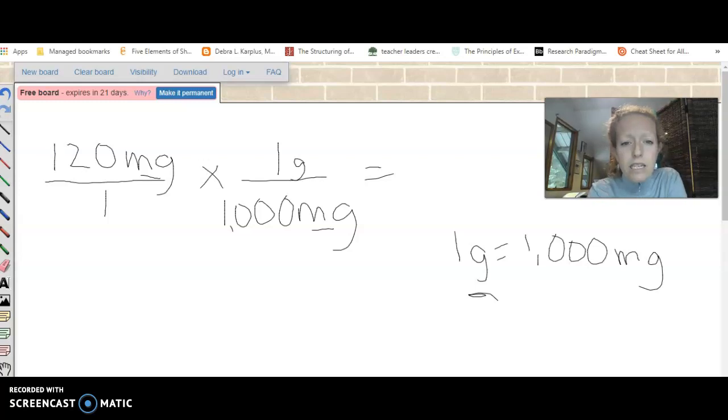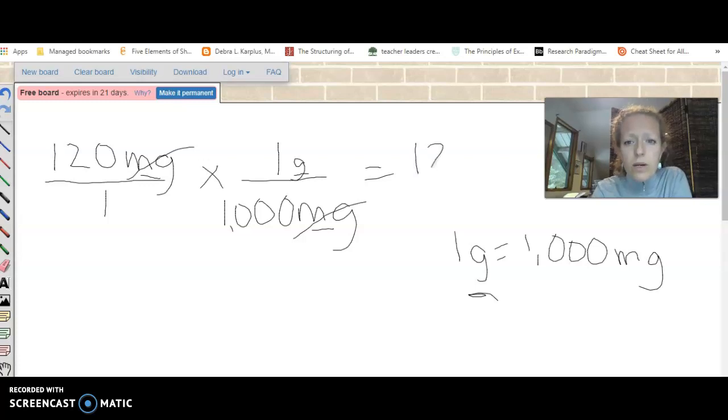All right, so now that I see I have my grams up here, and that's where I want to stop, I'm going to go ahead and calculate. Let's break this down one step at a time. So I'm going to cancel out my milligrams, and now I'm going to multiply 120 times 1.